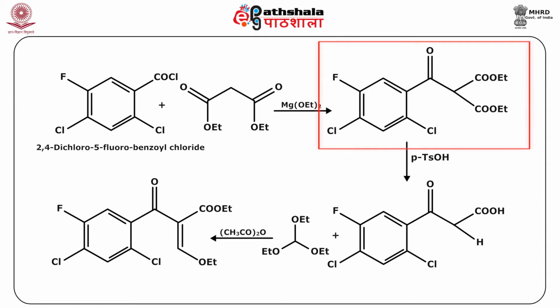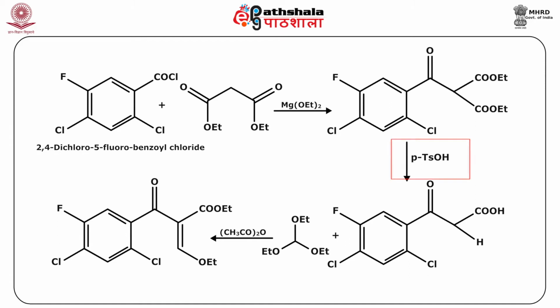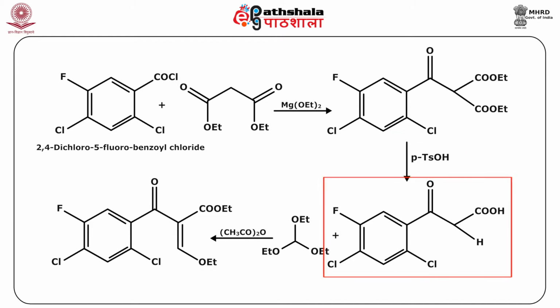2,4-dichloro-5-fluorobenzoyl malonate so formed is then partially hydrolyzed and decarboxylated by para-toluene sulfonic acid in water, forming ethyl 2,4-dichloro-5-fluorobenzoyl acetate. One of the groups is hydrolyzed.